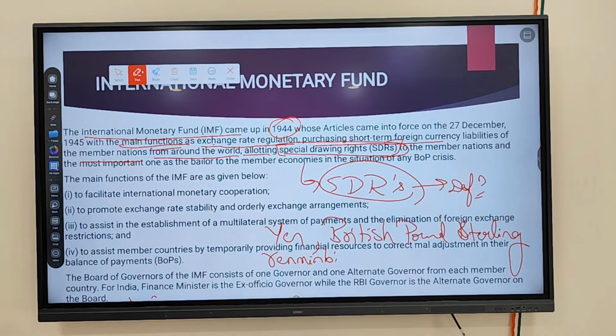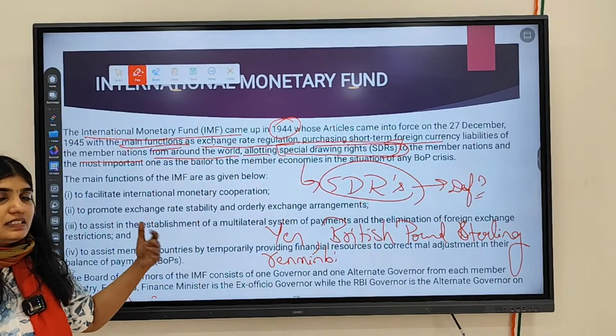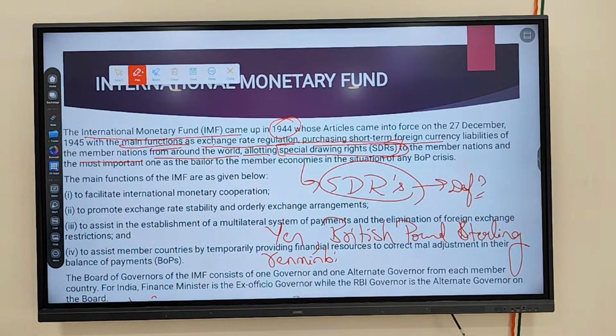Okay. What is SDR? SDR is an international reserve asset. It is an asset, but it is not a currency. The SDR value will be in the form of 5 hard currencies: US dollars, euro, Japanese yen, pound sterling, and Chinese renminbi.